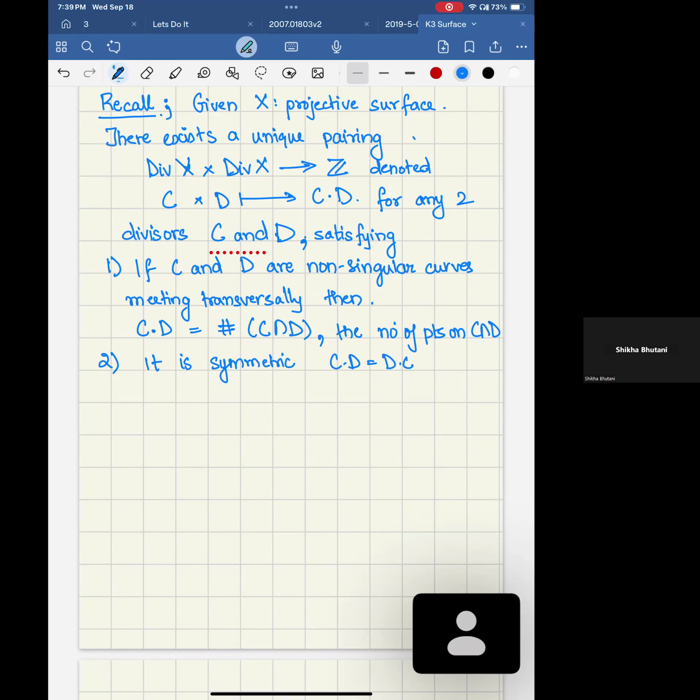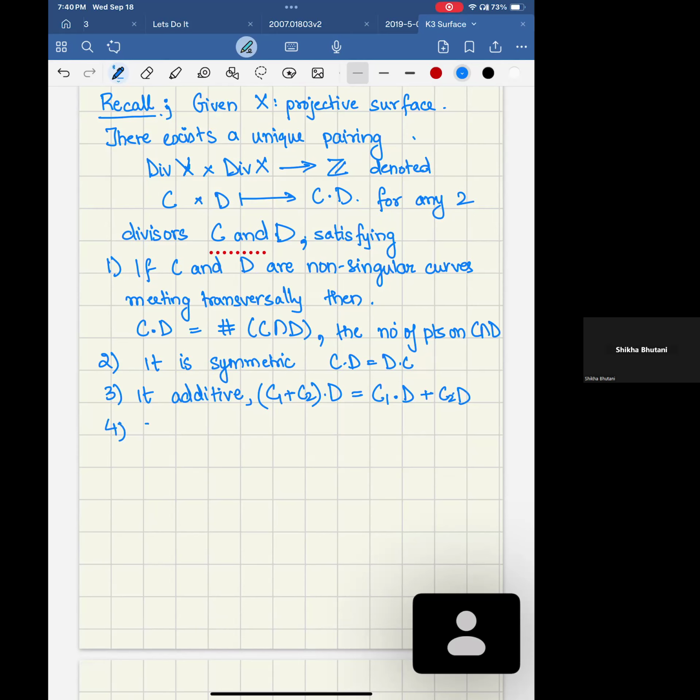And then you require it to be additive. That means if I take a curve which is a union of two other curves, C1 and C2, which can be same or different, this intersection number, or this pairing, distributes over the addition.